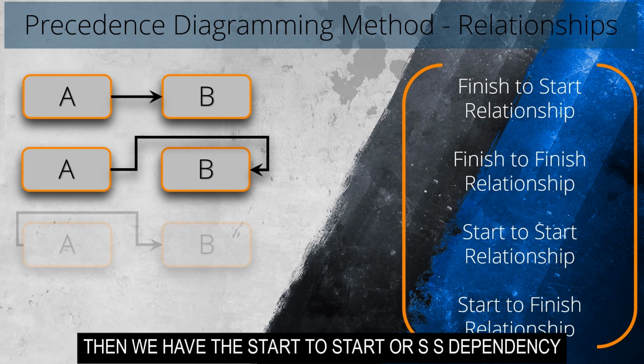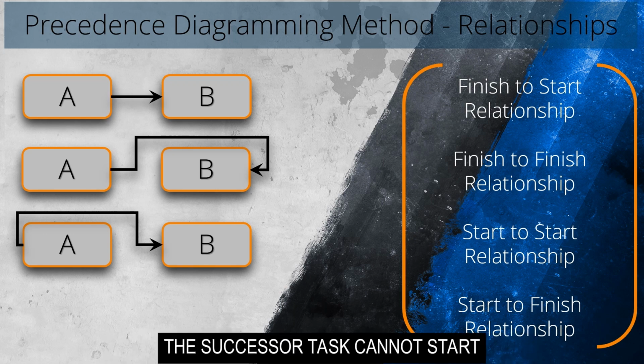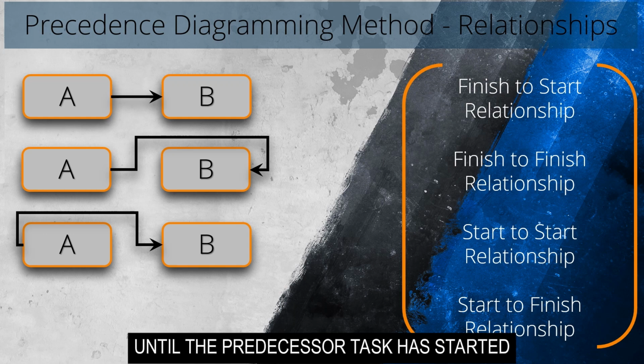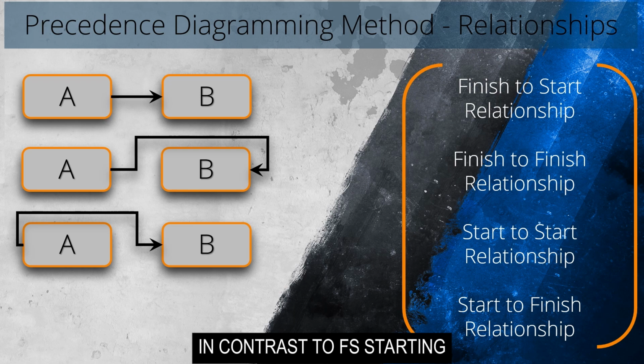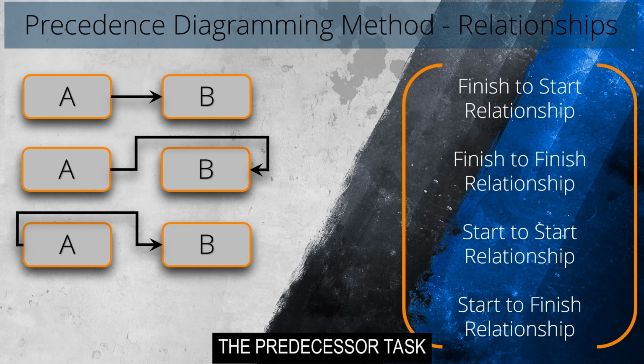Then we have the start to start, or SS dependency. According to the start to start connection, the successor task cannot start until the predecessor task has started. In contrast to FS, starting the successor task does not require finishing the predecessor task.